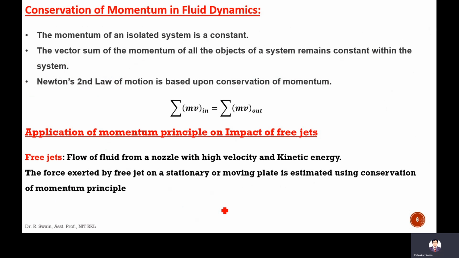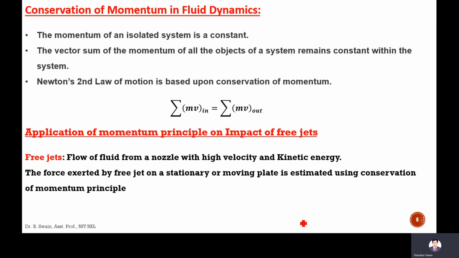So this is about application of Bernoulli's equation. We discussed Venturimeter, orifice meter, Pitot tube. Next is conservation of momentum. That's called the momentum principle, which means the momentum is conserved.